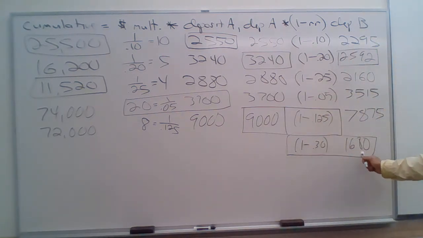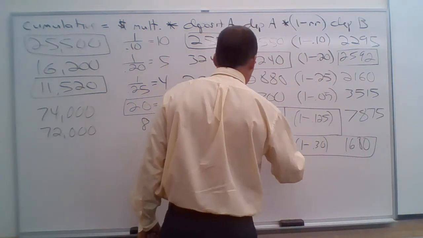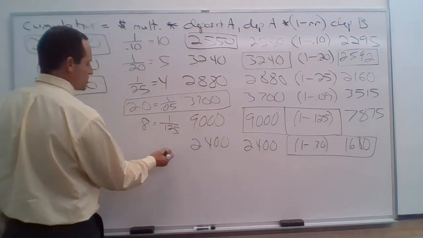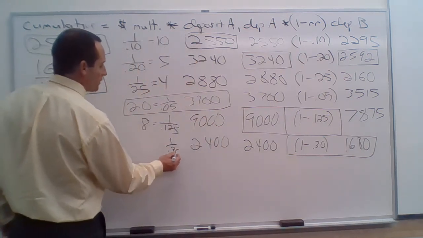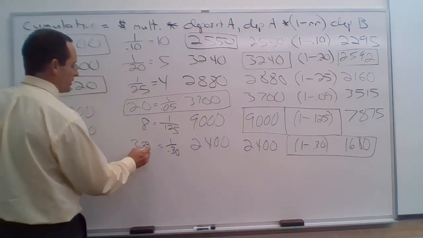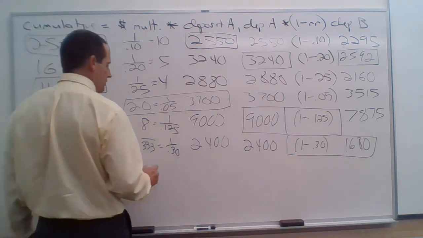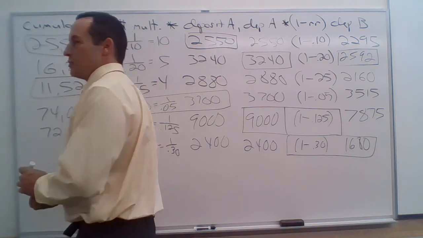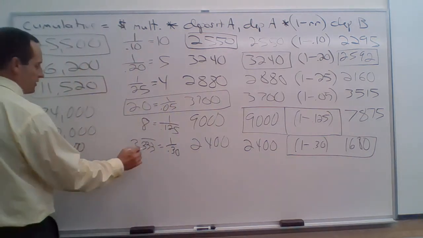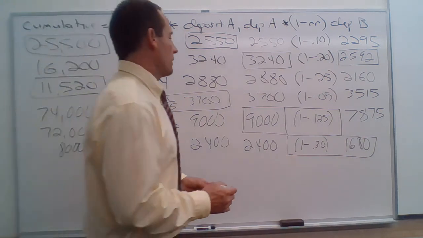If we divide 70% into 1,680, that will give us our 2,400. 30%. 1 over 0.30 equals 3.33 repeating. And that works out to be $8,000. So 3.33 repeating times 2,400 works out to be $8,000.